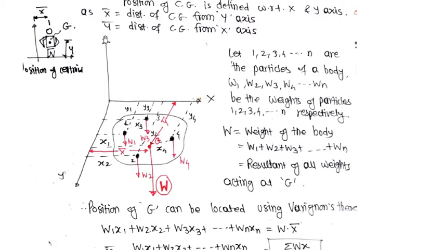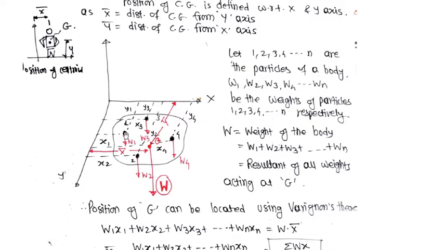Okay. Now, here we will consider a three dimensional system and a plane figure or a body is placed in xy plane. Now, this body is made up of number of small points or particles, and each particle is having its own weight.